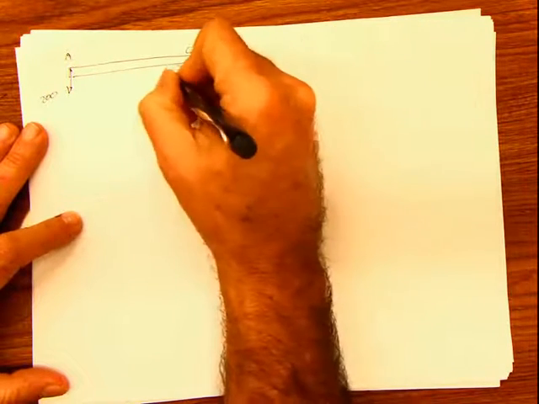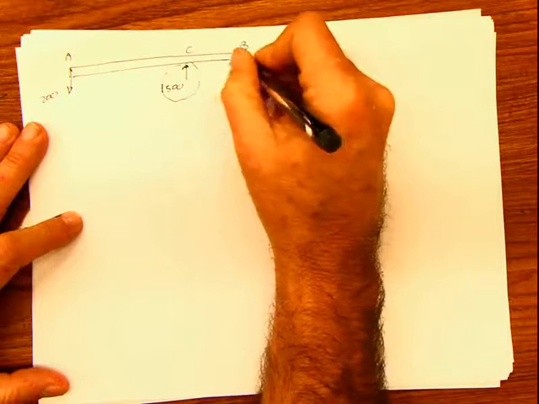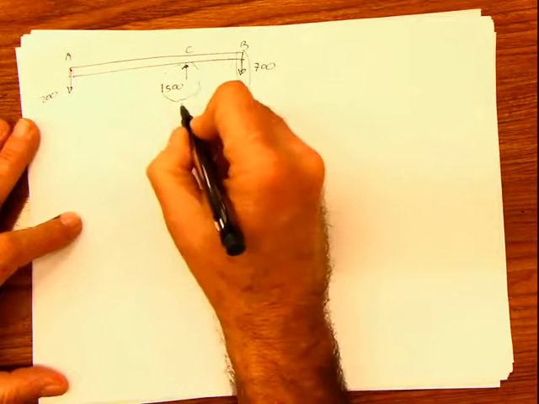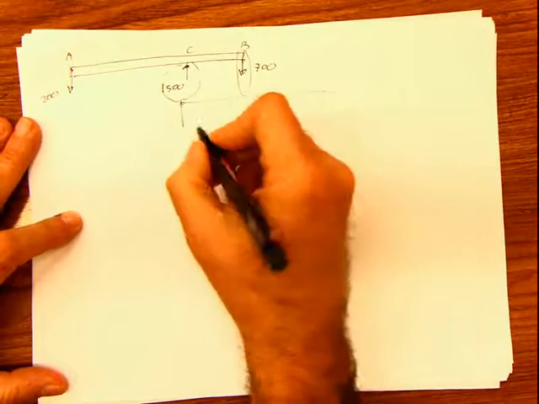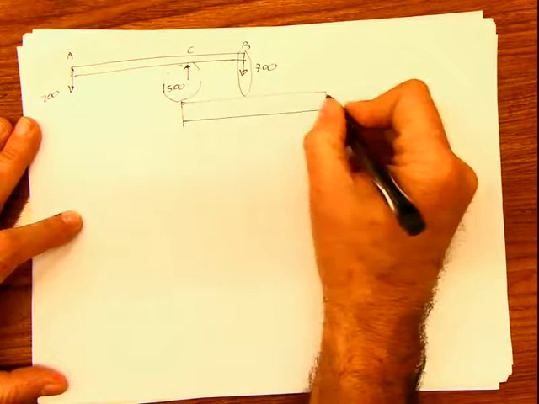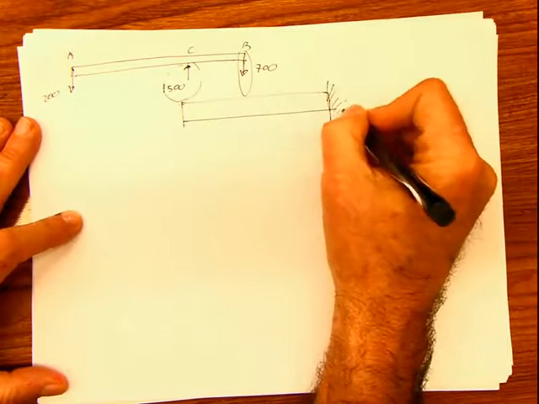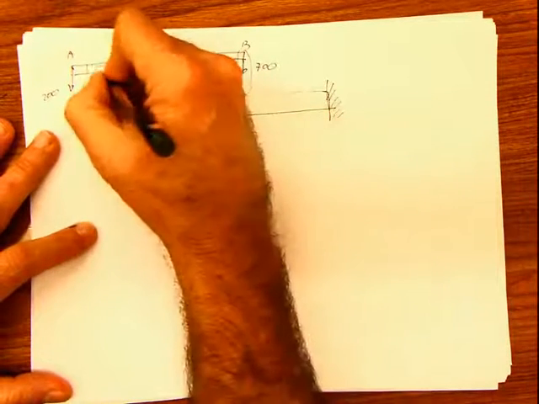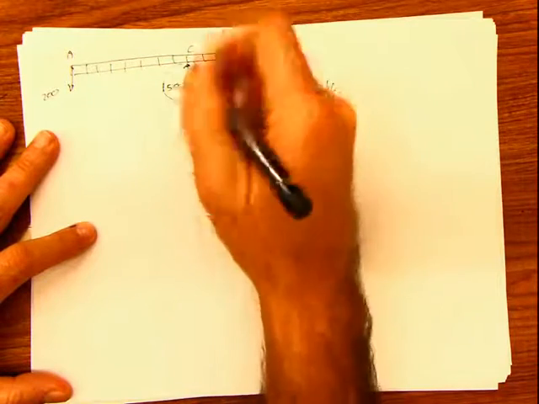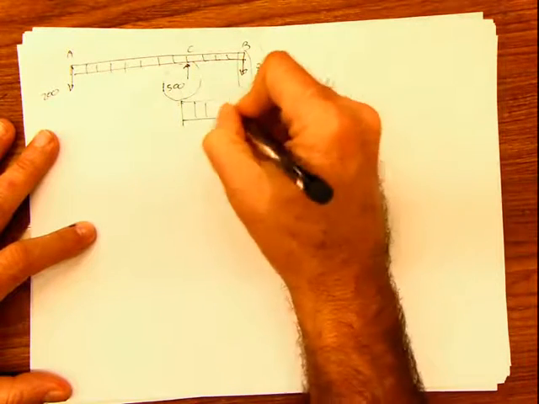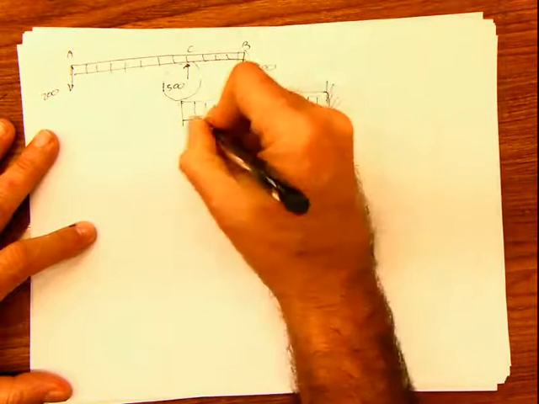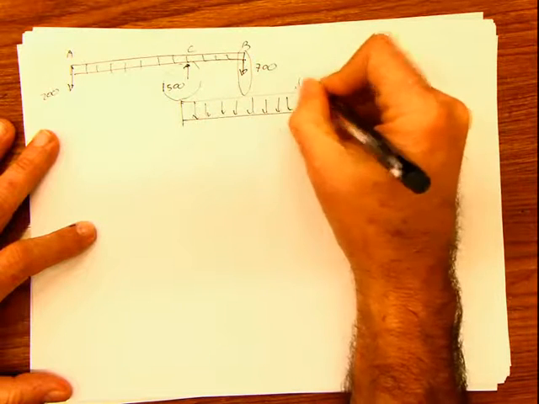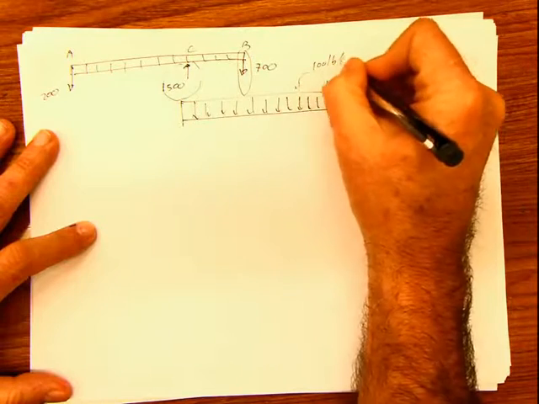But if you remember, this is connected by a roller and by a pin to the other beam, which is here. This has the distributed load also, of 100 pounds per foot, that we calculated.